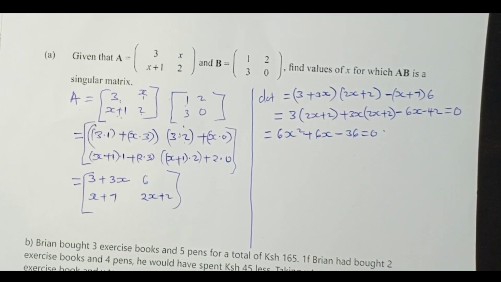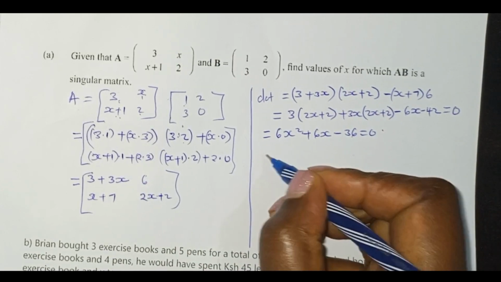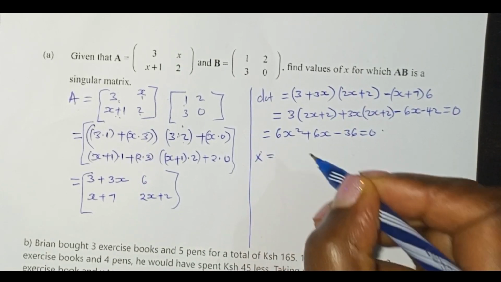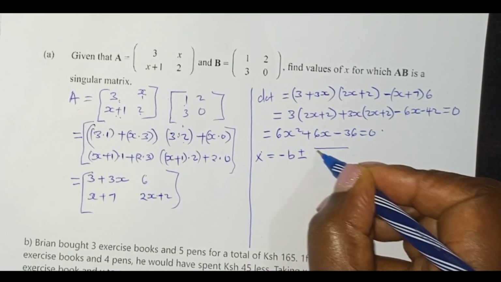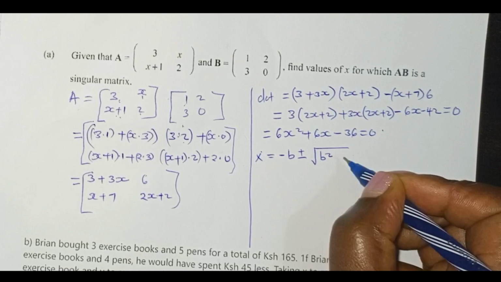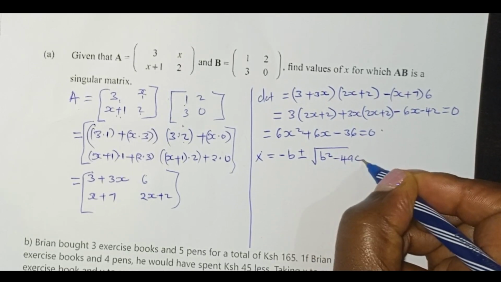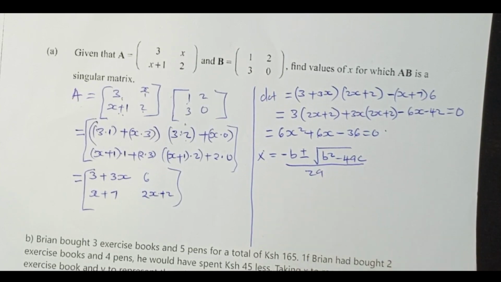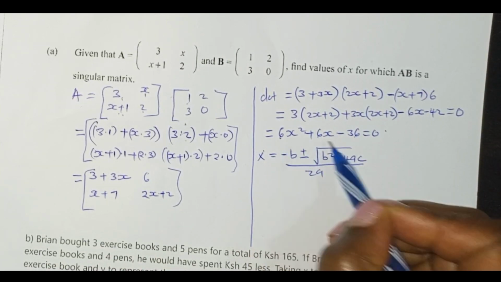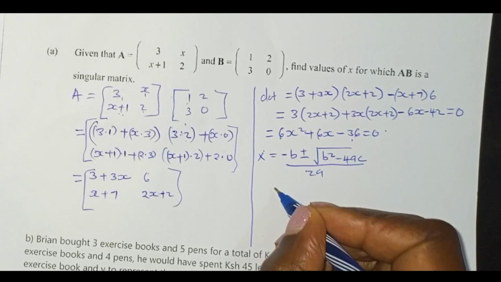And for us to solve a quadratic equation, we use the formula x is equal to negative b plus or minus the square root of b squared minus 4ac, divided by 2a. This is our a, this is our b, and this is our c.